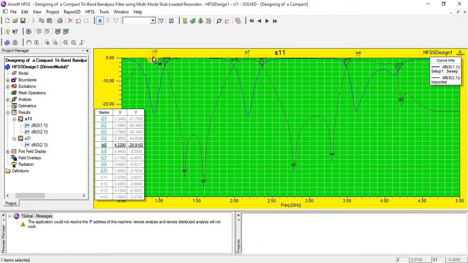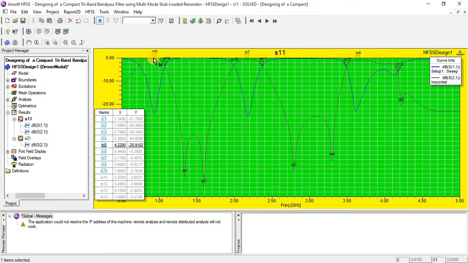Now look at this: at the start of the first passband a transmission zero is needed, but the transmission zero is not created. For a tri-band bandpass filter, we always need 6 transmission zeros. If greater than 6, it's okay, but fewer than 6 causes mismatching and other problems.